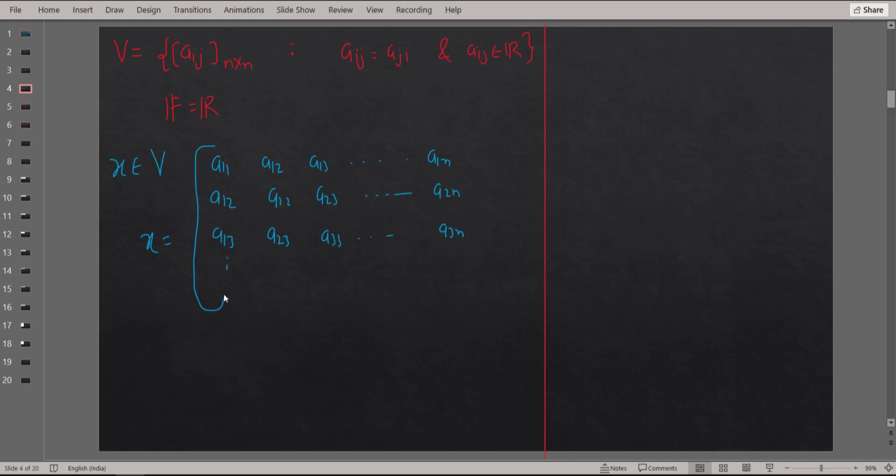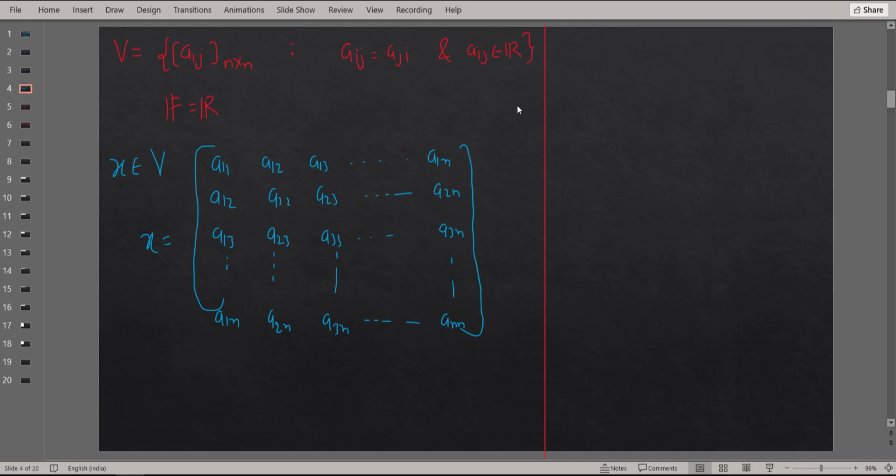Now so on, an1 can be written as a1n, an2 can be written as a2n, an3 can be written as a3n, and ann remains ann.